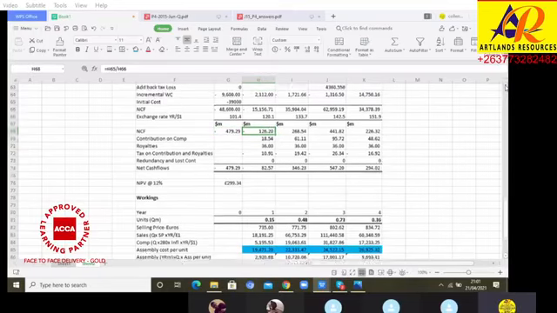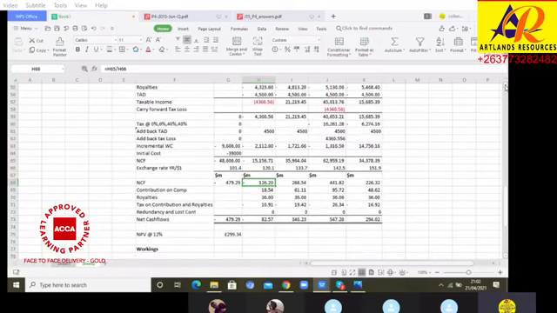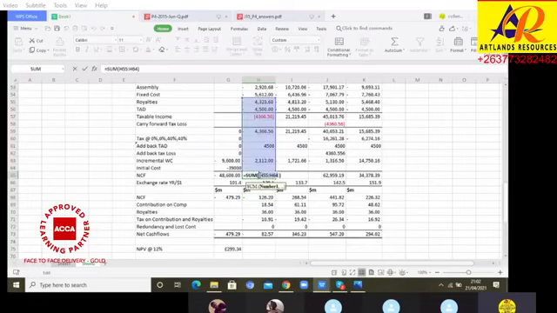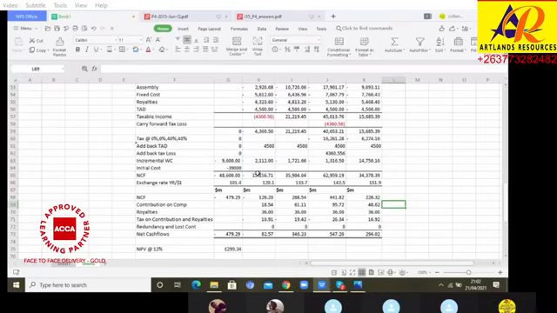Okay. Let us see. Oh, sorry, this formula is wrong. Because if you punch it like this, notice it was adding from royalties. So let us correct that. This net cash flow was supposed to take from here.